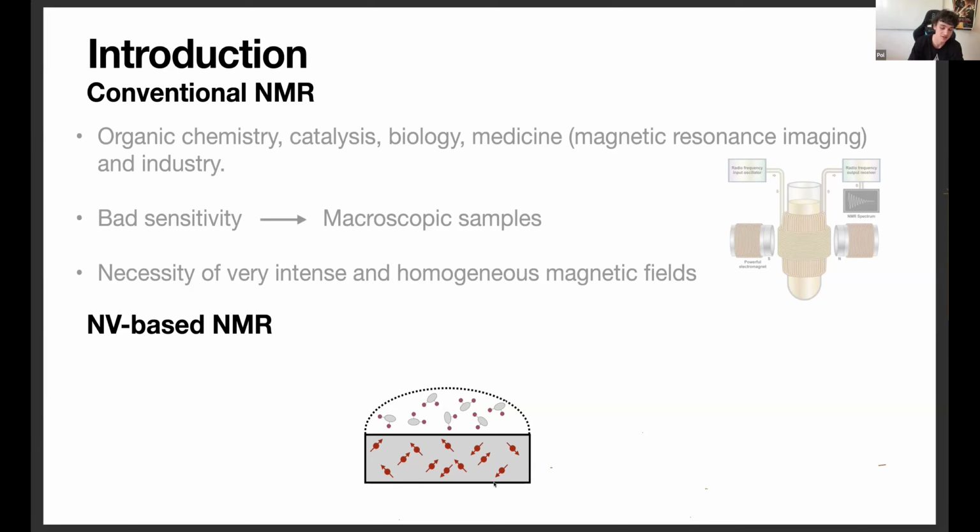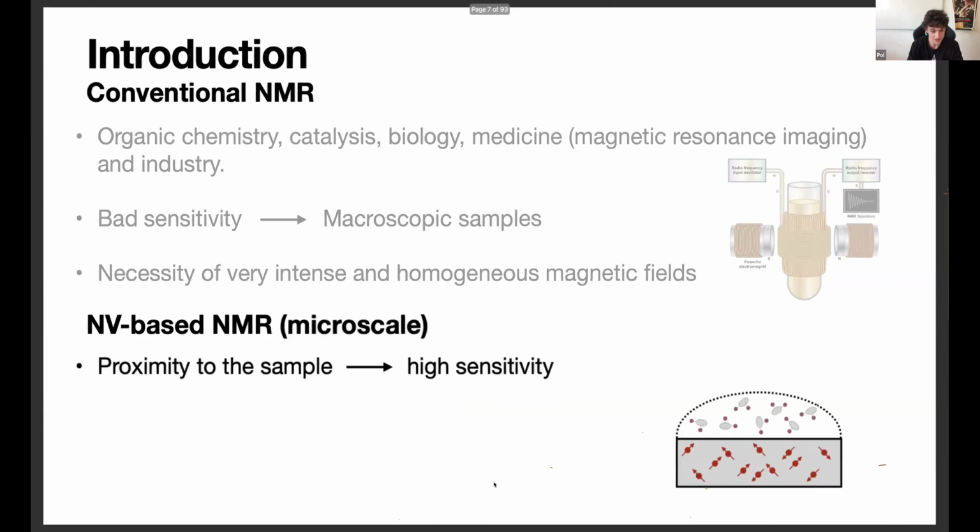Now, here comes the first advantage, because since all of the NV centers usually are placed quite near the diamond surface, the signal emanated from whatever sample you have there will be much stronger for them. So in principle, since the signal is much stronger, you can reduce the sample quite a lot compared to standard NMR, and you can still measure that signal.